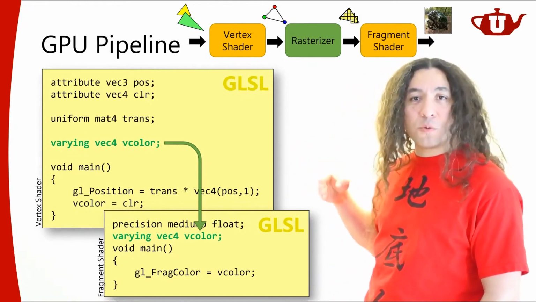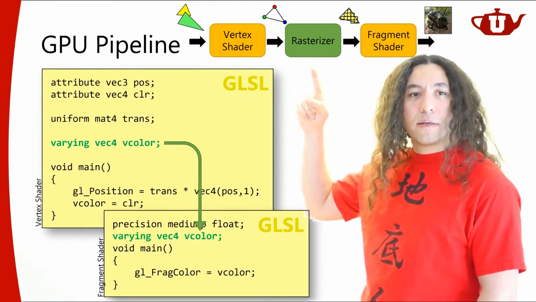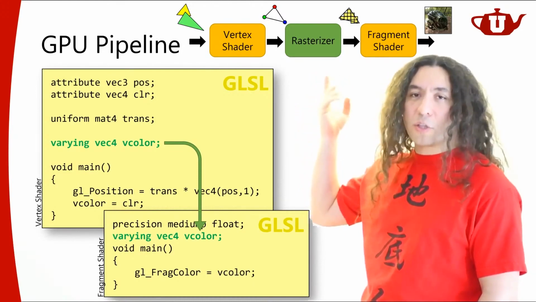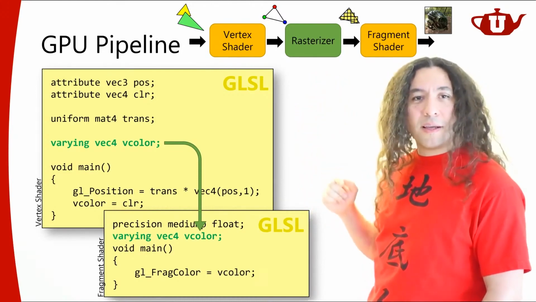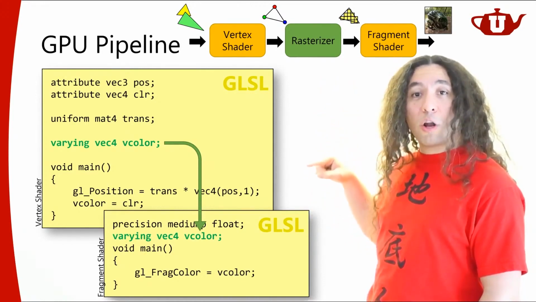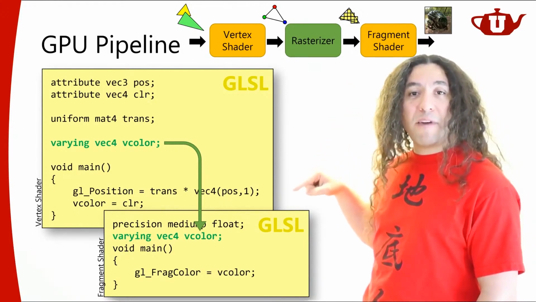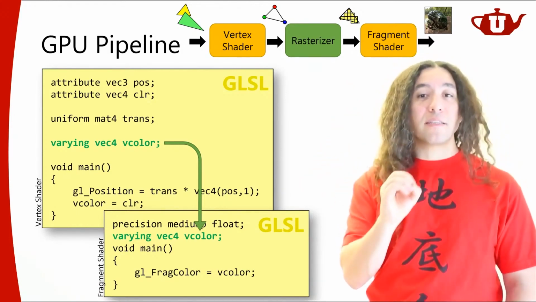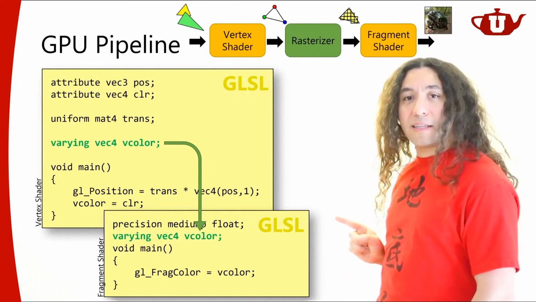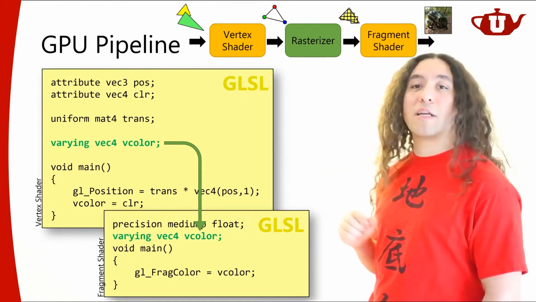And that's going to pass through my rasterizer here. And after the rasterizer, my GPU will know the barycentric coordinates. And using those barycentric coordinates, my GPU will automatically interpolate those values and give me the value that corresponds to the center of the fragment. Right? So the value that I receive in my fragment shader is going to be that interpolated attribute value.